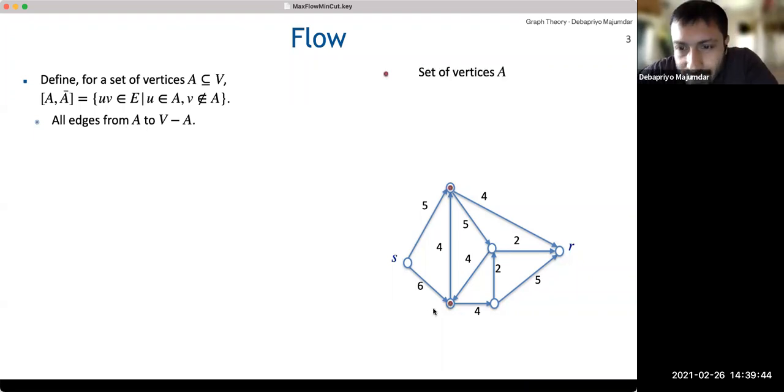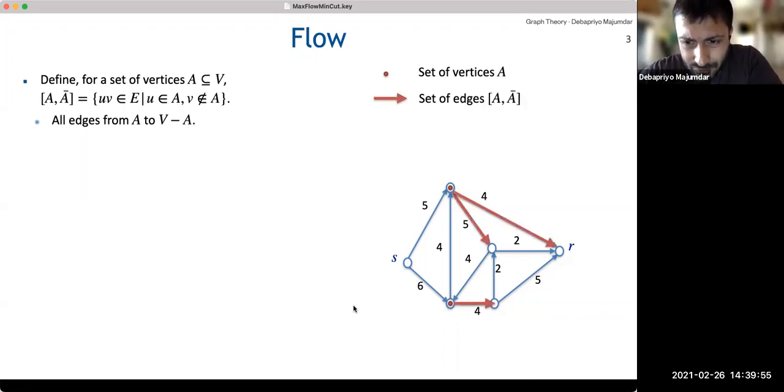So let's say if this is my A, I have marked them by red. Okay, if this is my set of vertices A, then these are the set of edges A bar. Hopefully I have done it right. So it should not be from A to A, so this edge will not be a part of it, because although u is in A, v is also in A. That's not what we want.